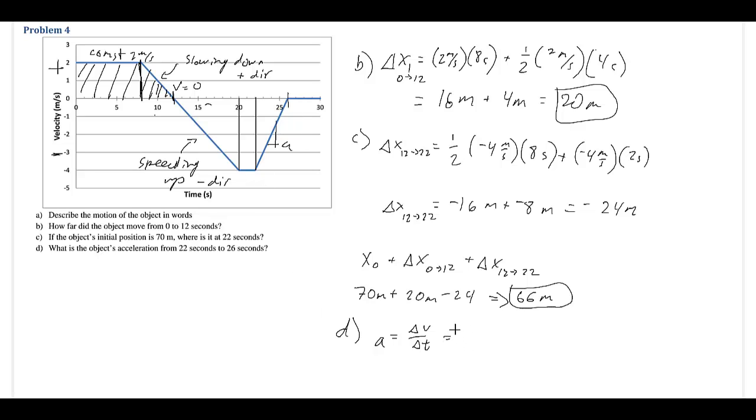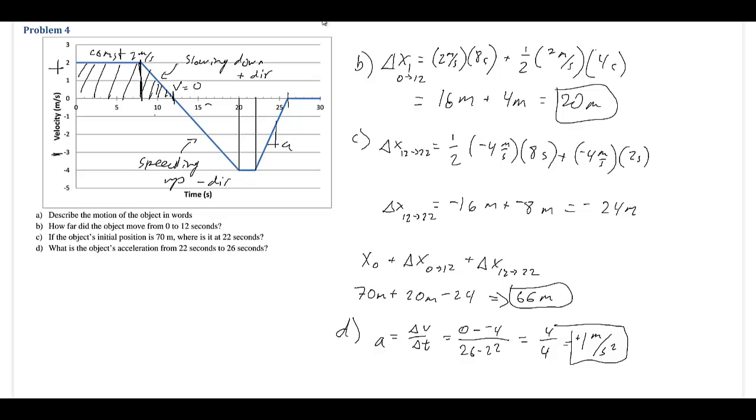So our delta v is going to be v final, which is 0, minus v initial, which is -4, over 4 seconds, so 26 minus 22. So you've got 4 over 4, which is 1 meter per second squared. Notice it is positive 1 meter per second squared. That is our acceleration there.